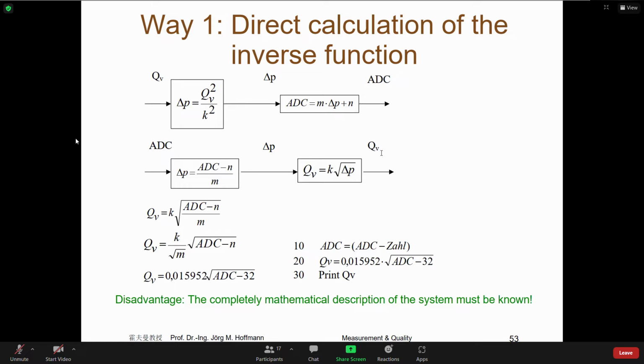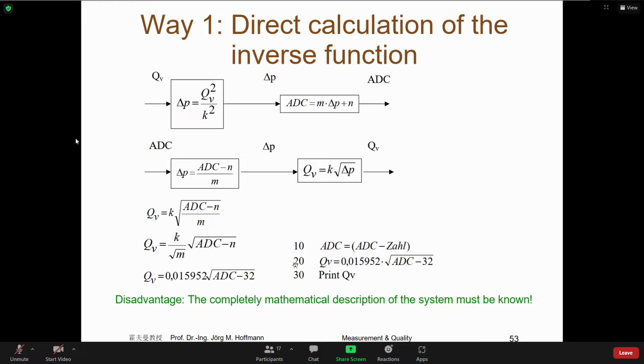And when you put all your numbers in, then you come to a very short program. You read in the ADC number, oh, I have forgotten to translate it, that's a German word for number. You read in the ADC number, and you can calculate with this simple formula your volumina stream. And then you can print it, for example.